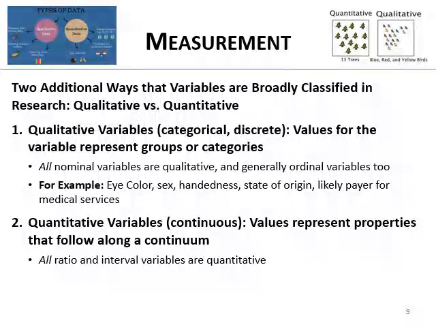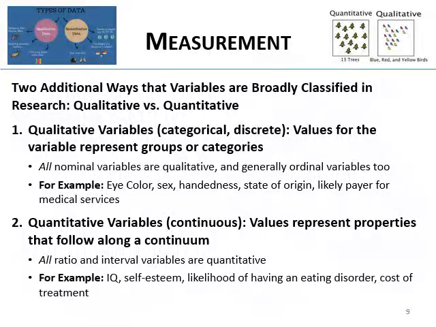Okay, so all ratio and interval variables are quantitative, so you can do fancy math with them. So IQ, interval; self-esteem, interval; likelihood of having an eating disorder, ratio; cost of treatment, ratio. We can just call them IR/scale. These are all variables that we would say are quantitative.